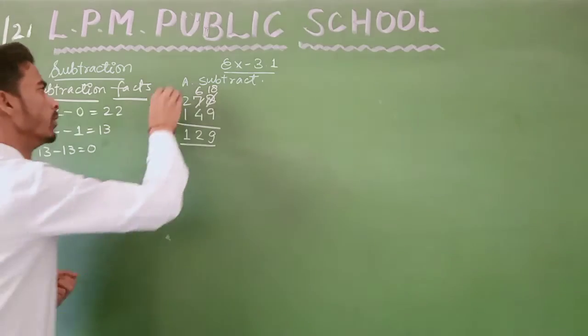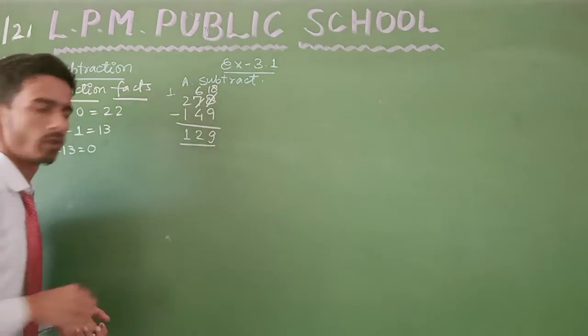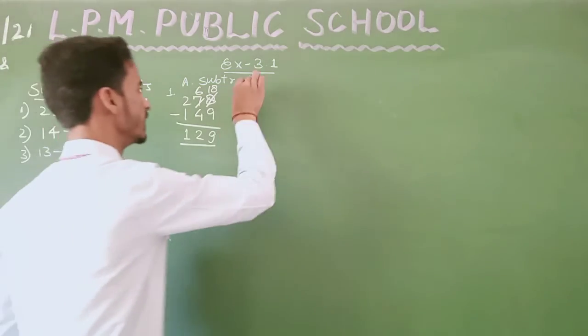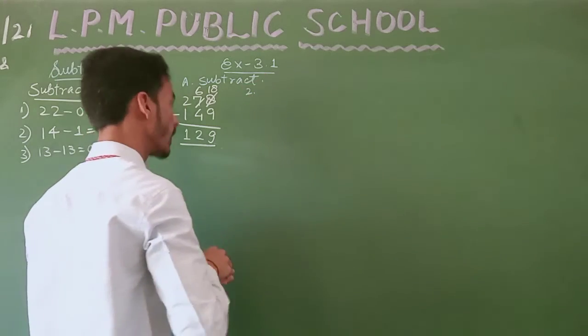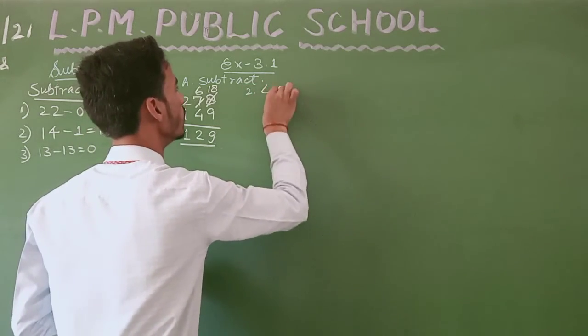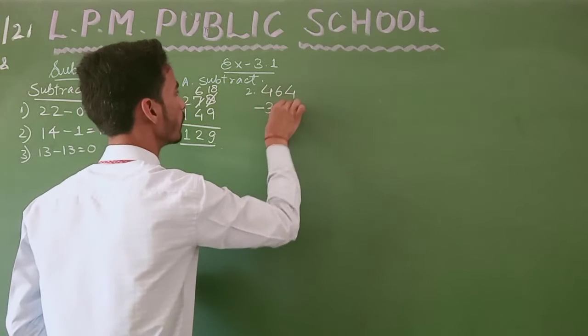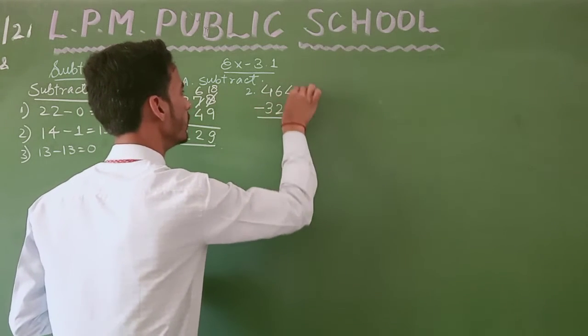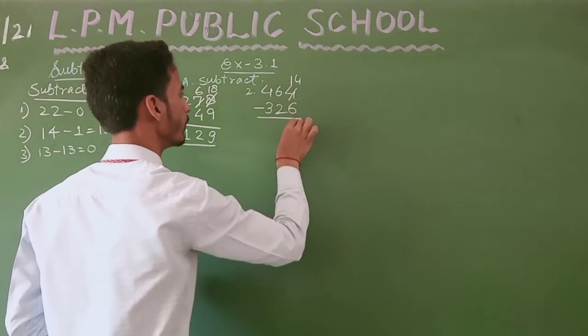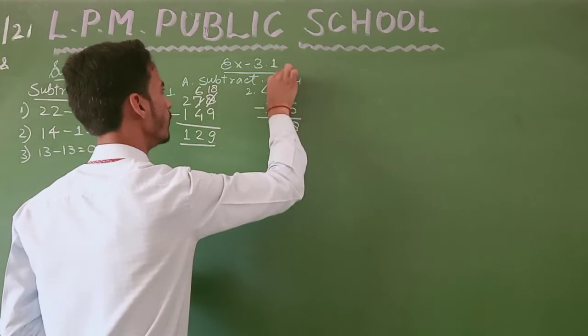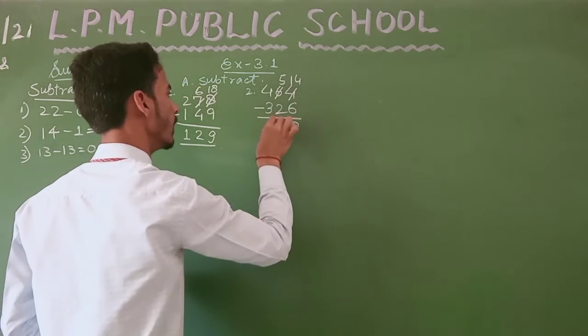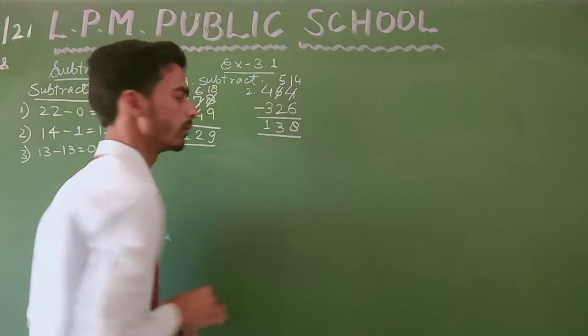That was question number 1. Question number 2 is 464 minus 326. 14 minus 6, 8, and then 5 minus 2, 3, and 4 minus 3, 1.